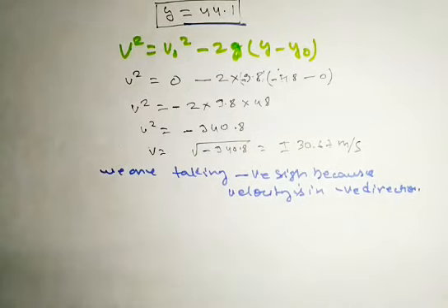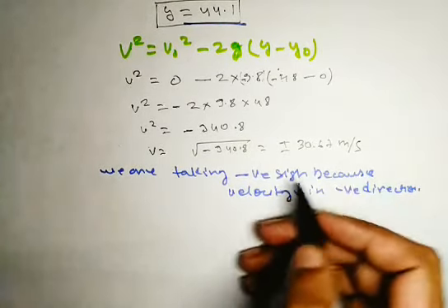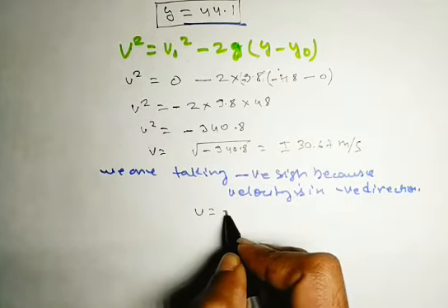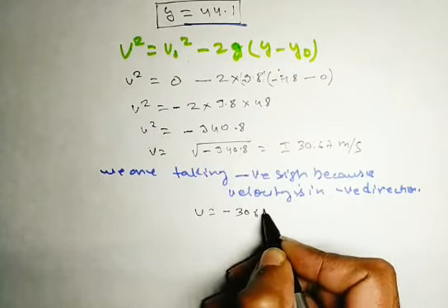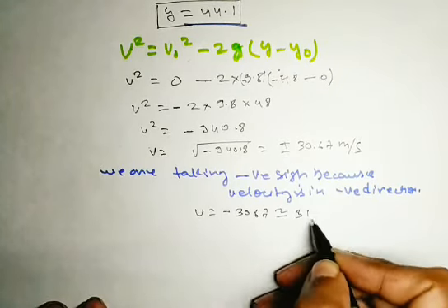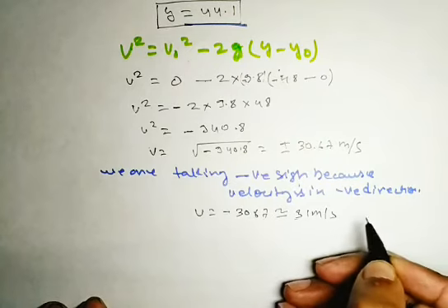So this will become v equal to negative 30.67, which is approximately equal to 31 meter per second.